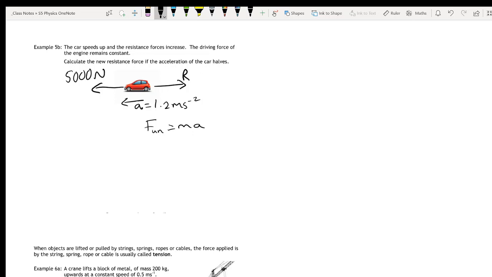Now you can do this in two ways: you can find the unbalanced force first and then work out your resistance from that, or you can put everything into the equation straight away and say 5,000 take away R is the mass of the car, which is 1,500, times by the acceleration.